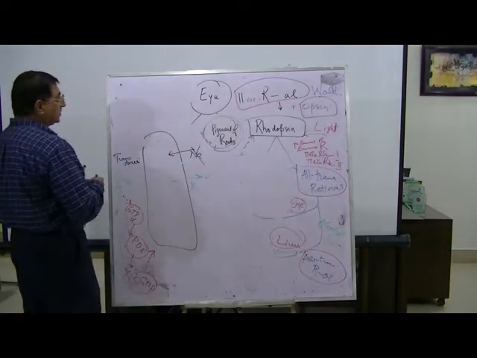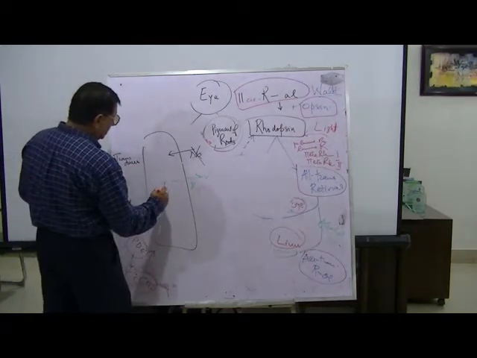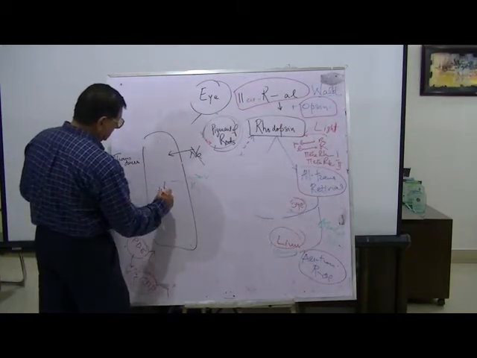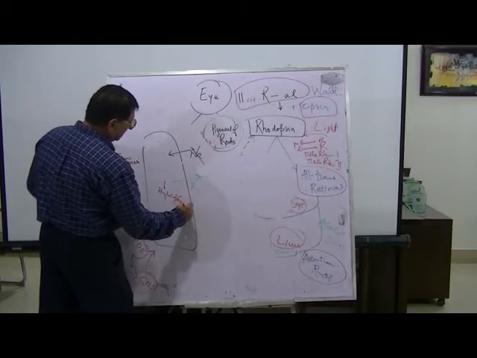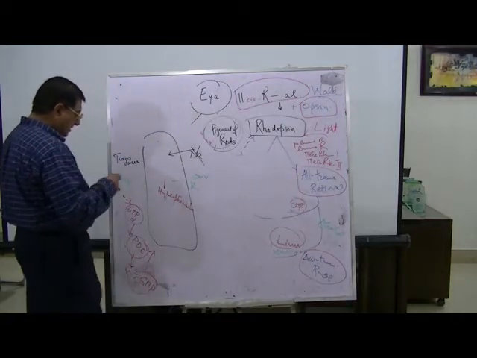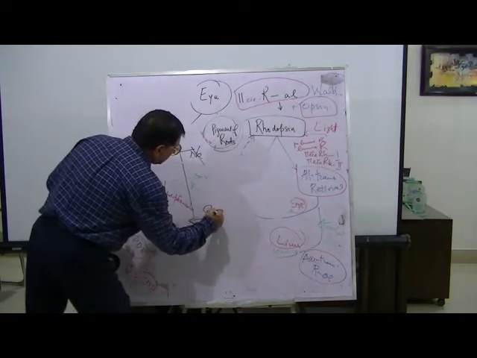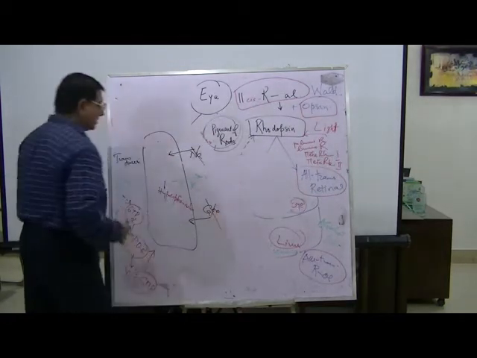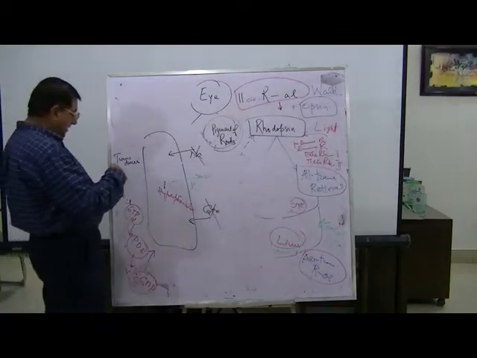When the potassium goes out, the result is hyperpolarization. When there is hyperpolarization, the inflow of calcium is also blocked.